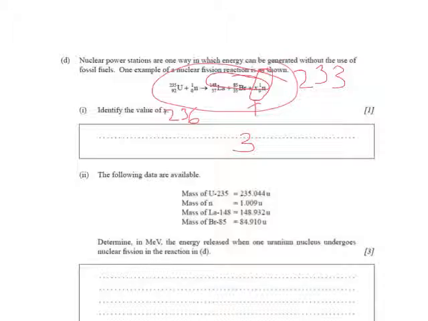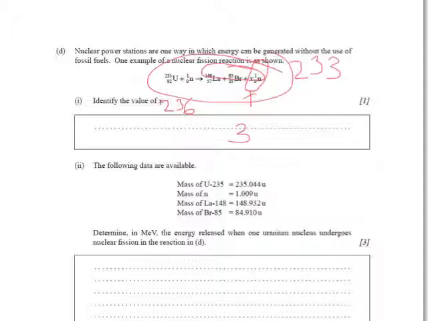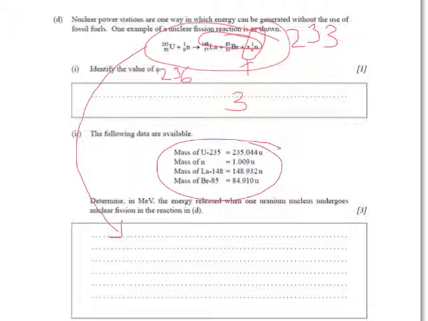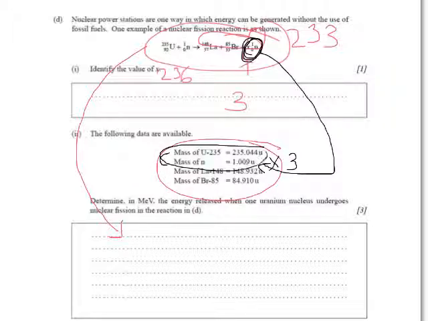Okay. So for the next question, we just need to add up all these masses. Using the equation from here, we substitute these masses in, remembering that we have 3 neutrons, so we would need to multiply this by 3. On the left side we have uranium-235 plus 1 neutron, so we add these 2 up.